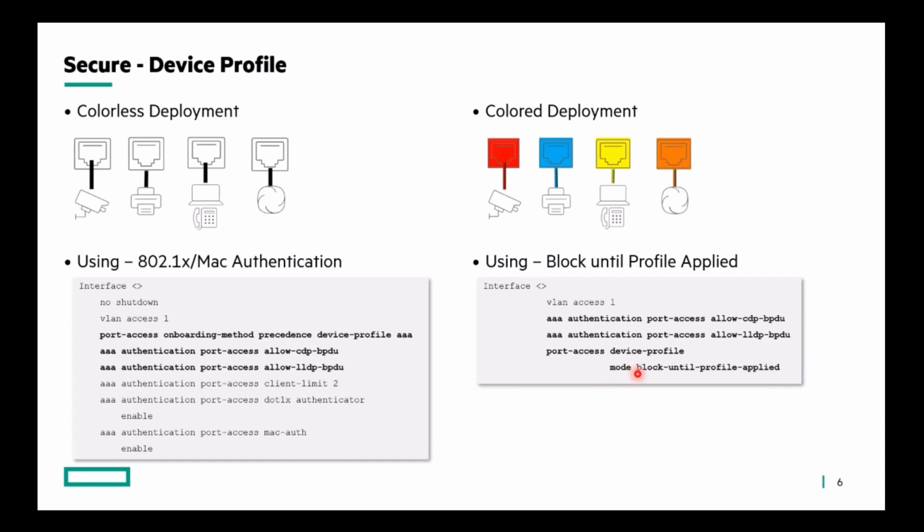Only when you configure the CLI block until profile applied will the blocking of the secure port happen. Hence, for secure onboarding of APs or end devices over the device profile, it becomes mandatory to configure the CLI port access device profile mode as block until profile applied. So this is the difference between a device profile configuration over a colorless or a color deployment.